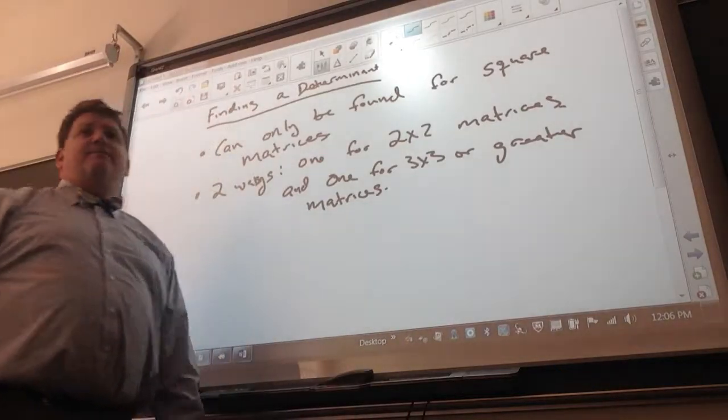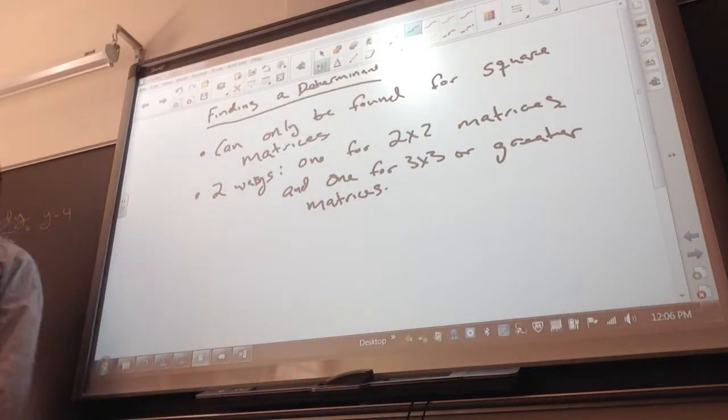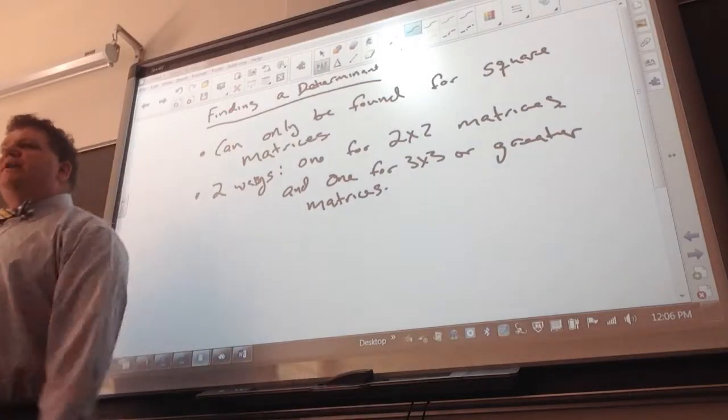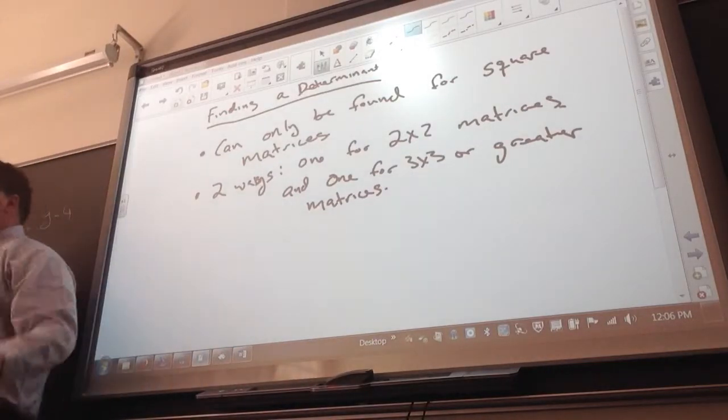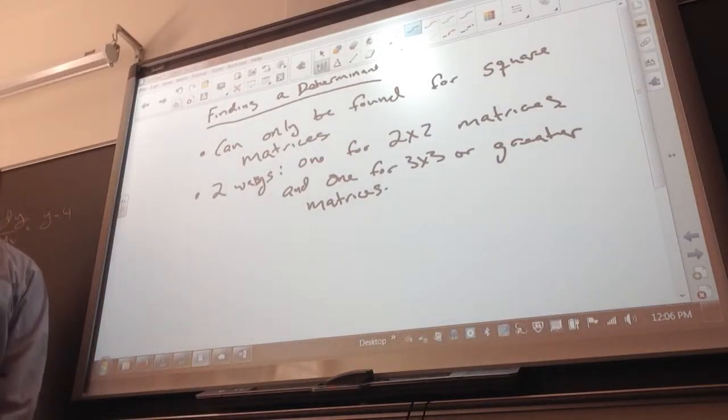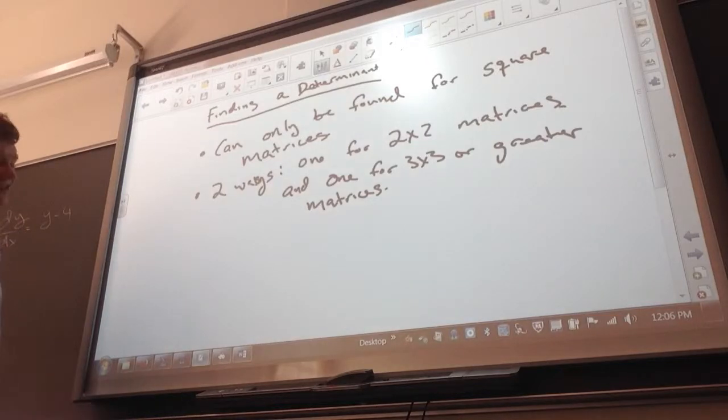This will be a common theme, by the way. You'll notice we'll have these special ways of doing things for just 2 by 2 matrices, and then every other matrix, 3 by 3, 4 by 4, 5 by 5, will have the same kind of method involved in solving it. It's just something to keep note of. All right, so let's look at the 2 by 2 one first, because that's actually pretty easy.